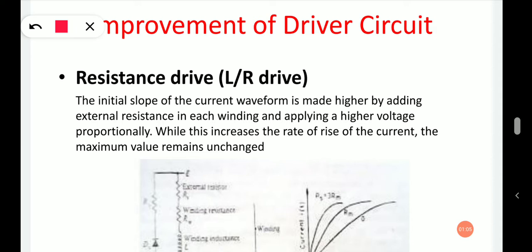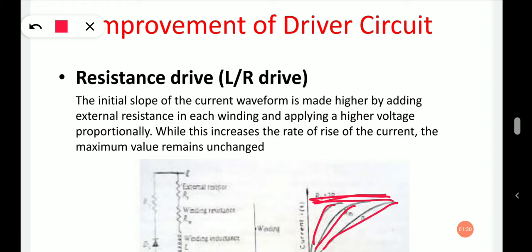While this increases the rate of rise of the current, the maximum value remains unchanged as shown in the figure. So here in the diagram you can see the maximum value is constant for the three different waveforms.